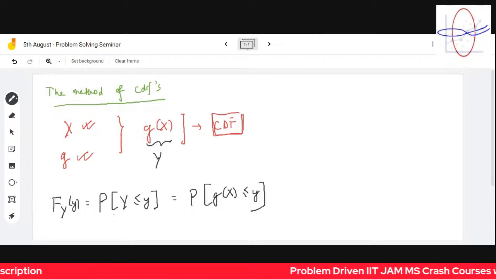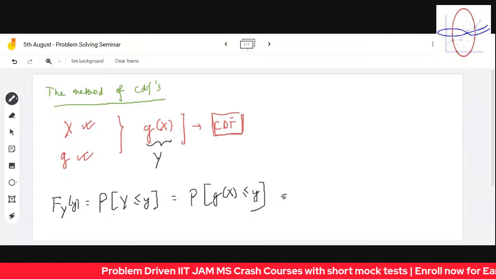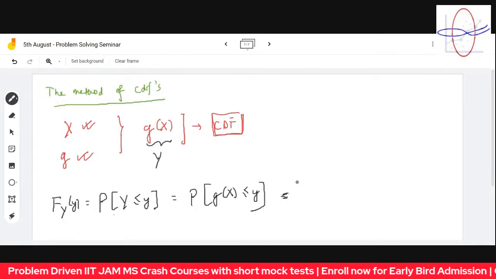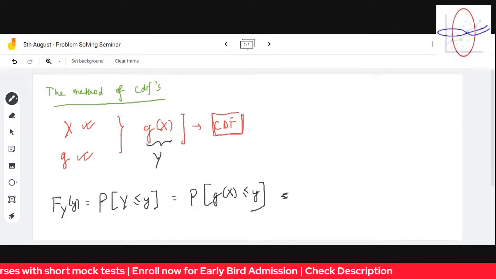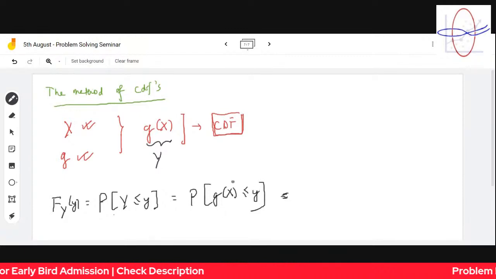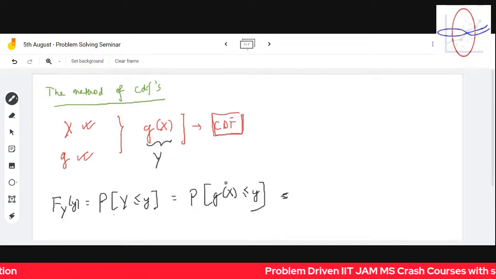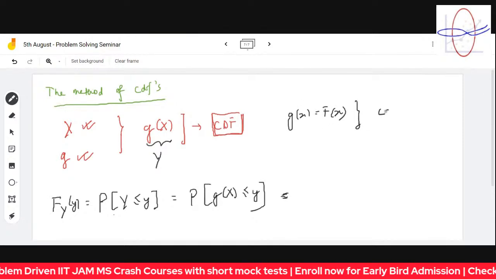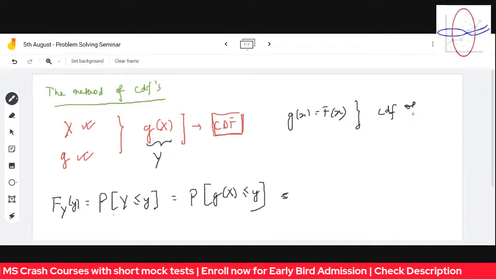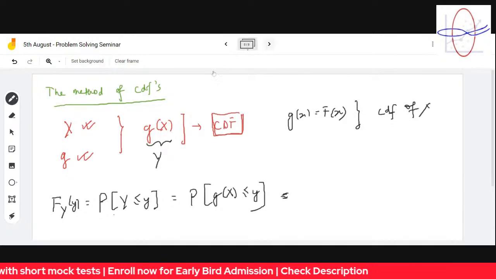This means the probability that g of x is less than or equal to small y. See one thing here, this is the main idea. We will use a property that we will learn in the next Monday class, how to attack it generally. But today our main focus is, if this g of x is equal to F of x, that is the CDF of x, what will then happen? Okay, so let's try it out.